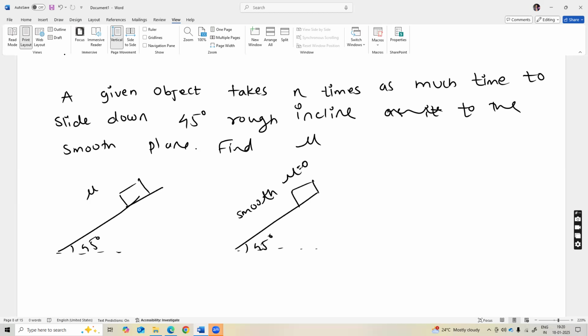Time taken in the first case is t1, and in the second case t2. So t1 is n times t2. We have to find out the value of mu.